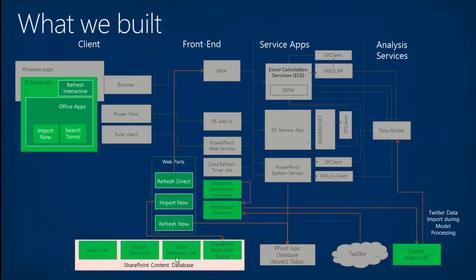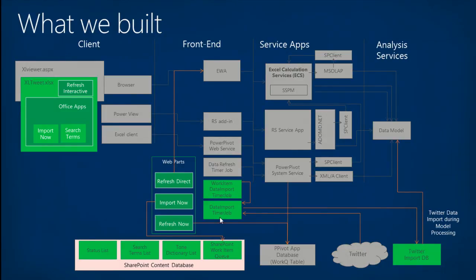So this import job reads the information here, goes to Twitter, gets the data, and puts it into the databases so that we have it easy to import this information into the workbook. We also have a few web parts, and one of them is this import now button that you saw that triggers this data import timer job.